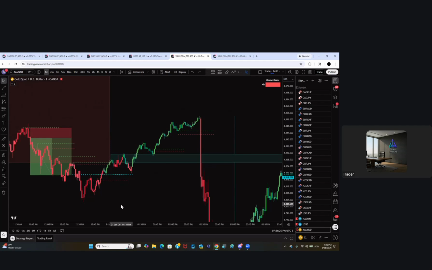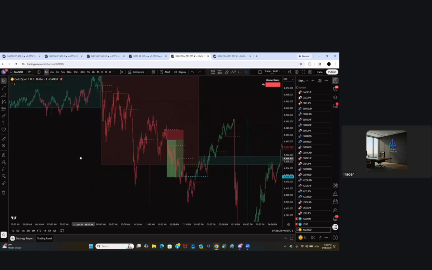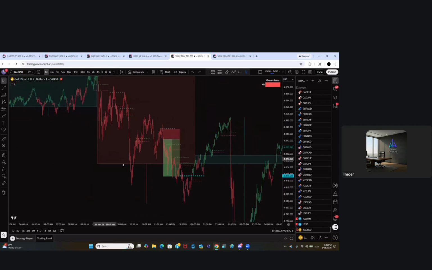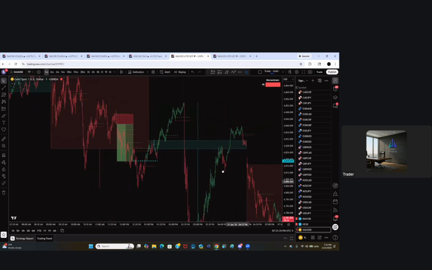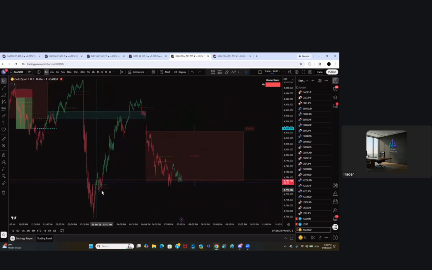Obviously, overall, gold was also very profitable today, even through some of the chop. I got caught up in the chop, but overall, it was profitable if you were consistent. Again, you have this nice imbalance push up to green, and then this nice imbalance push back down into red.